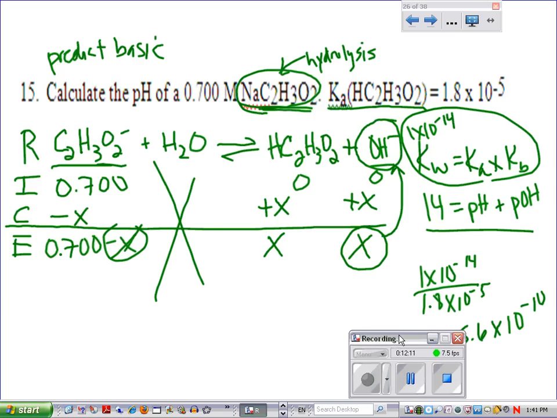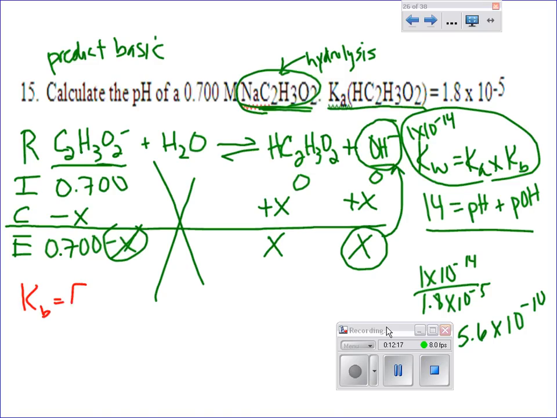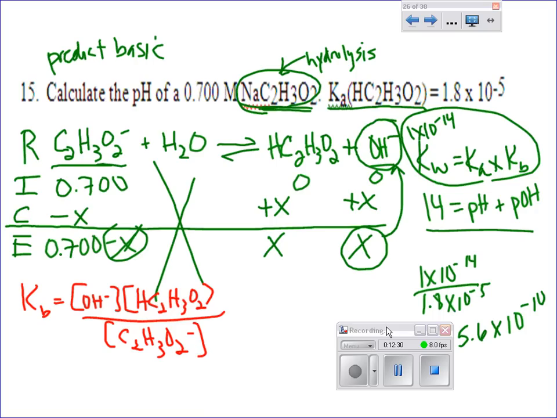So we can now set up our expression and have our Kb equal to OH- times HC2H3O2 divided by C2H3O2-.